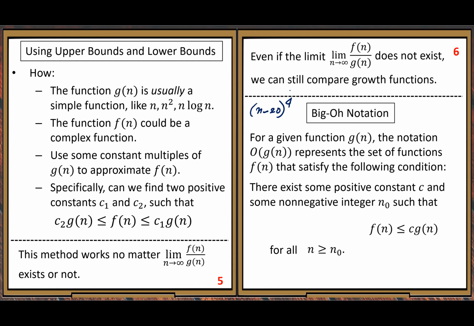Next, if it is (n minus 10 to the 7th) to the 4th. When we look at that, 1 million is not sufficiently large, right? Because 1 million is 10 to the 6th, and here you need n minus 10 to the 7th, which is 10 million.